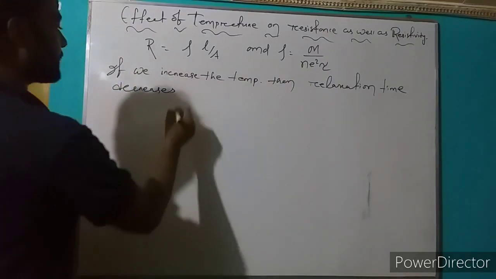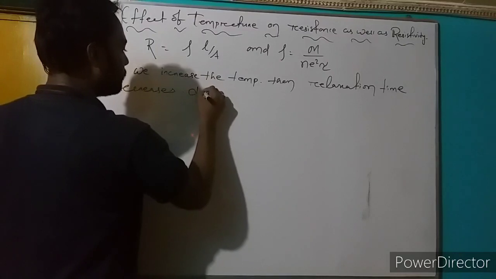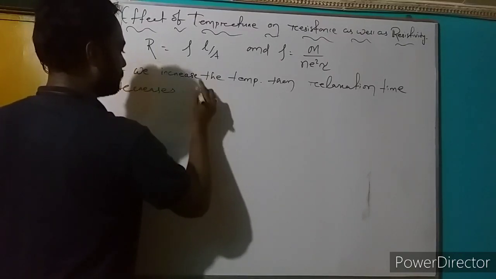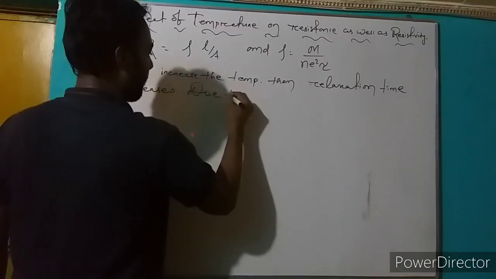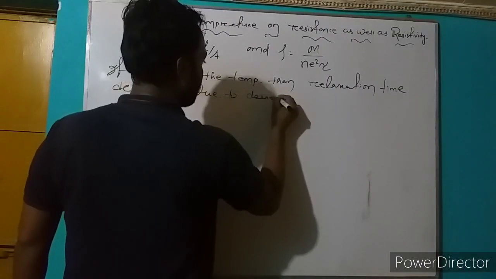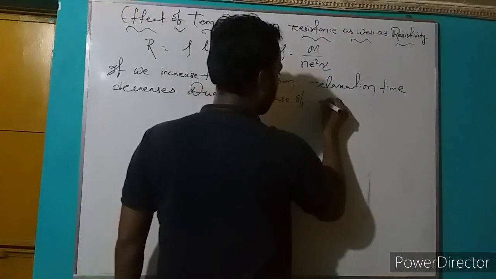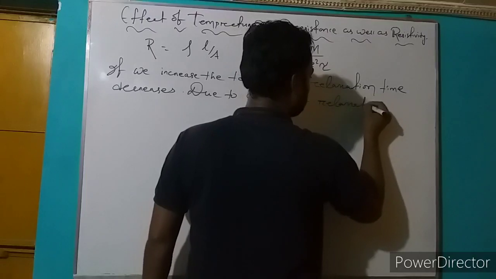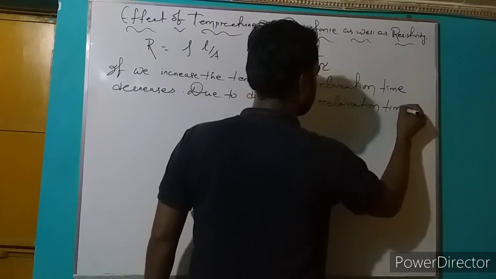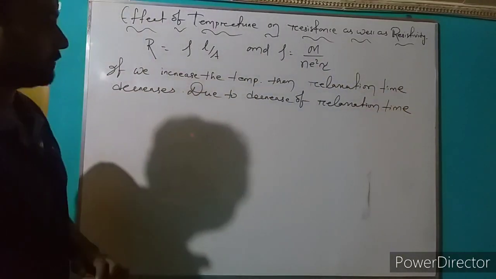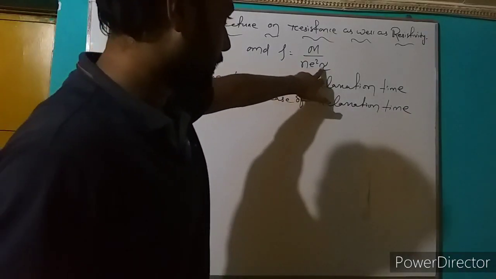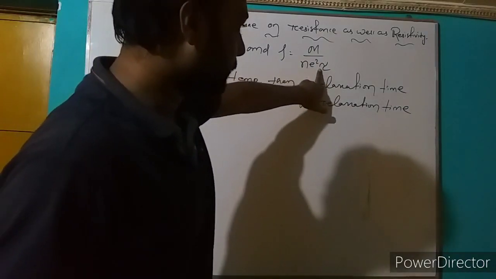Due to the decrease of relaxation time, what will happen? You know that formula: the relaxation time is in the denominator.